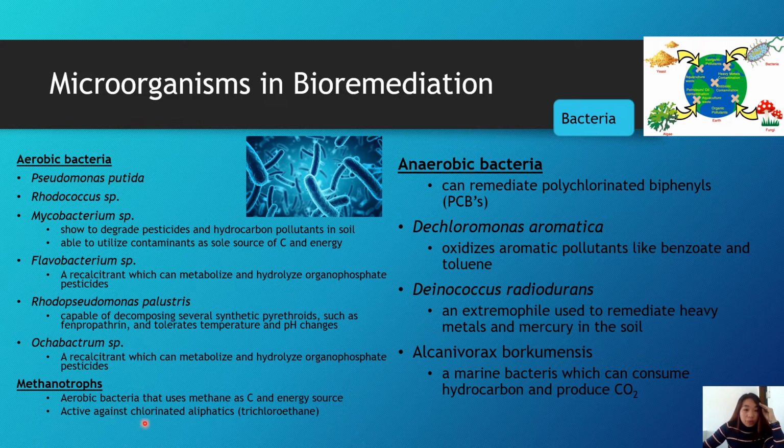This is an aerobic bacteria that uses methane as carbon and energy source. Methane is also a byproduct, and usually methane is also a pollutant. They are active against chlorinated aliphatics, trichloroethane for example.